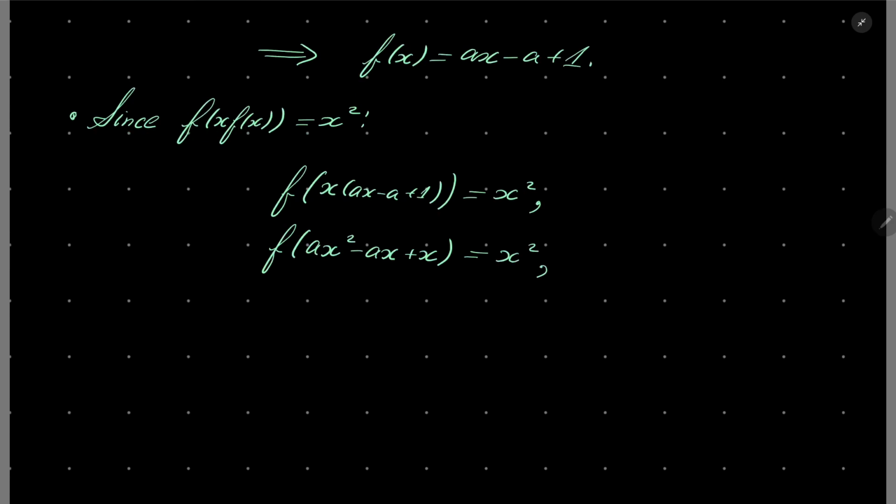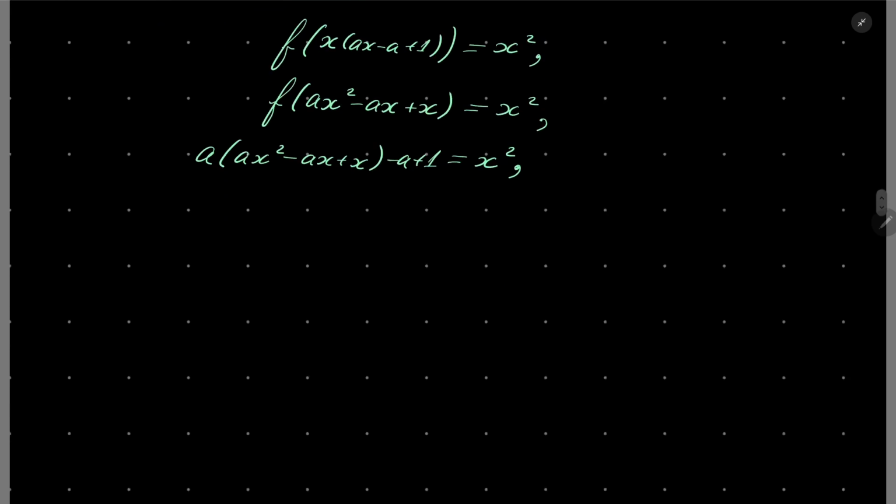And now let's apply f again. A times this minus a plus 1 equals this. And now let's multiply, and let's put this x squared on the left-hand side. We will have a squared minus 1 times x squared minus a squared x plus x, so plus 1 minus a squared times x.